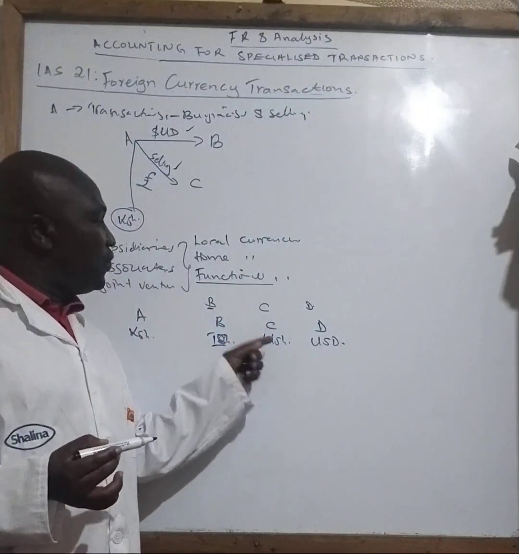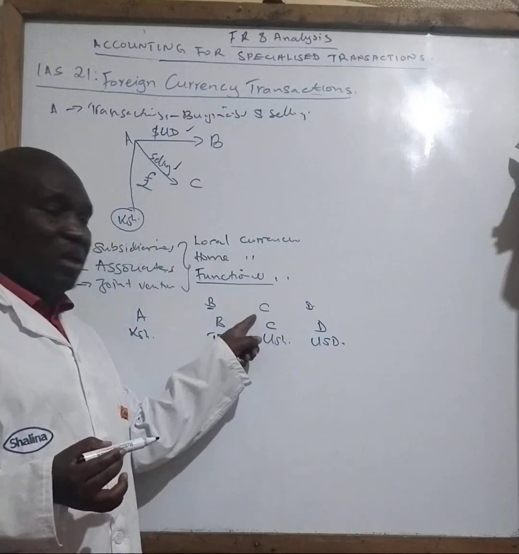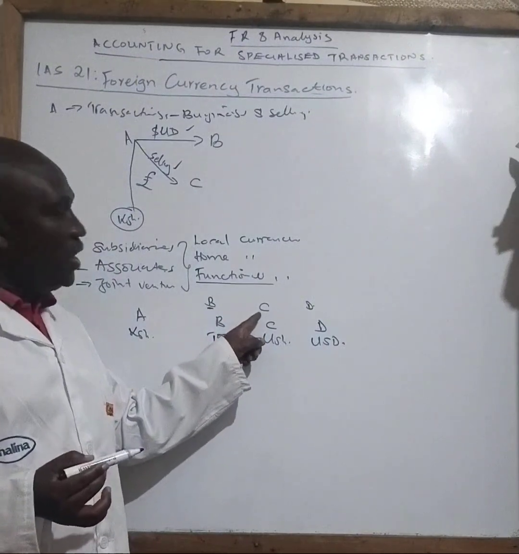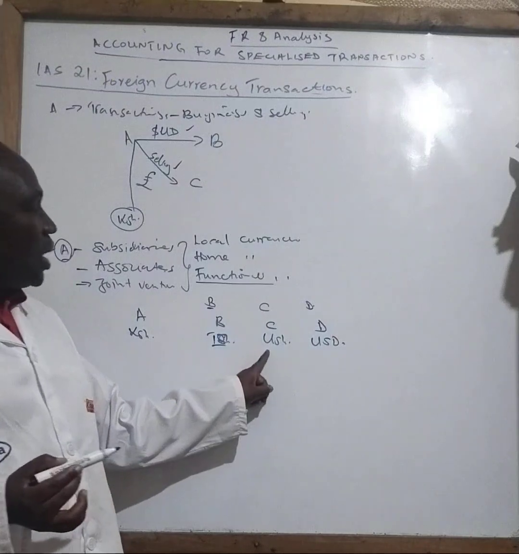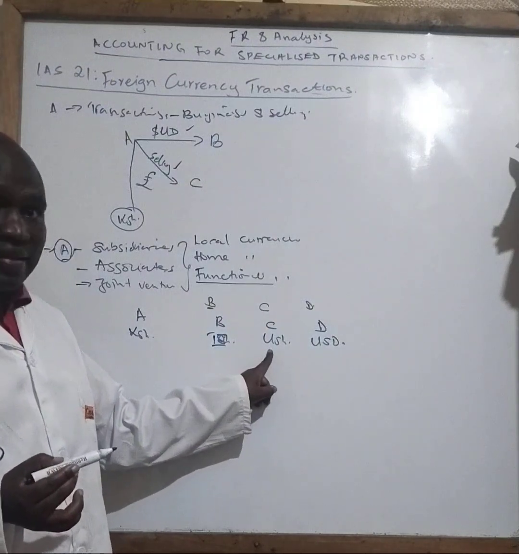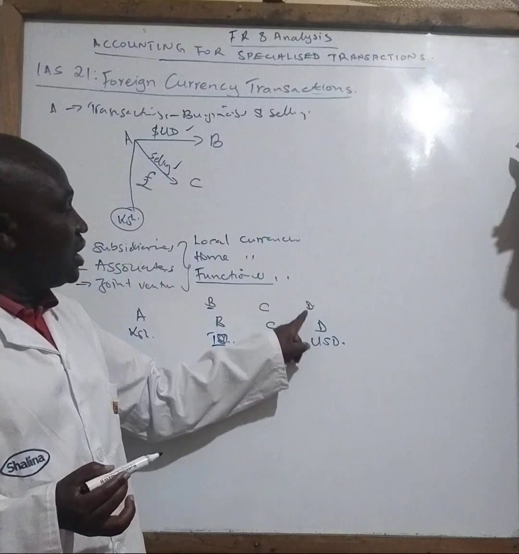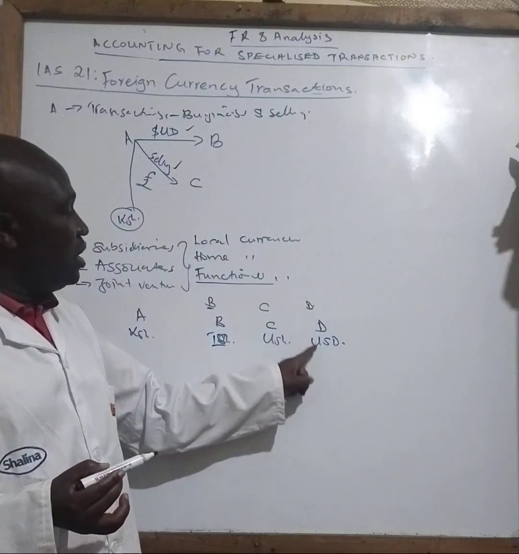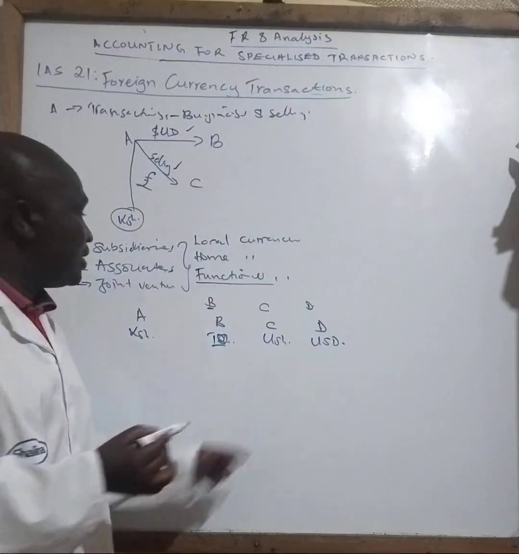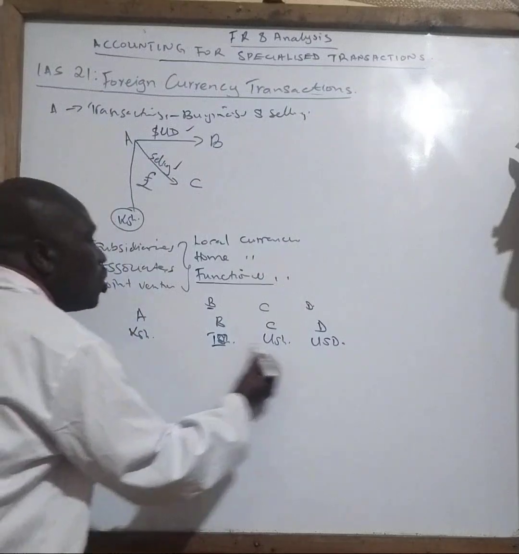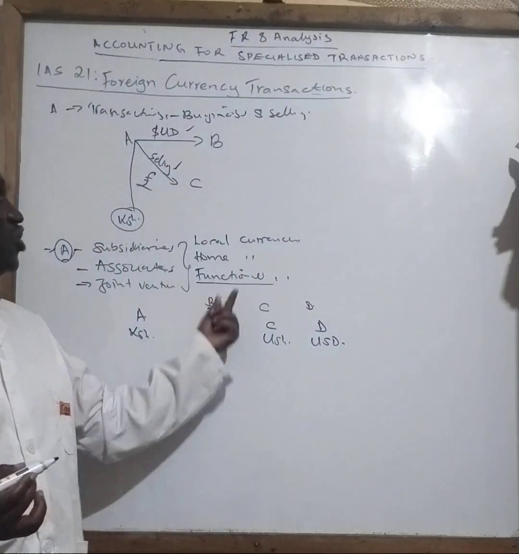Then if Uganda shillings is in country C, then the local currency is Uganda currency. And if US dollars is in country D, then US dollars is the local currency. So this one is what you call local currency, and the correct term is functional currency.